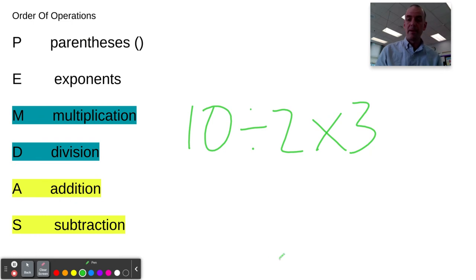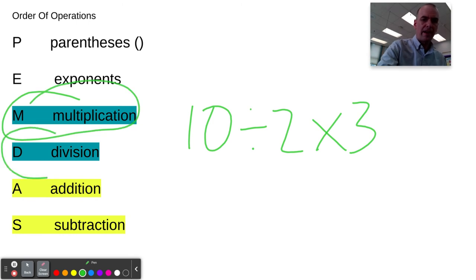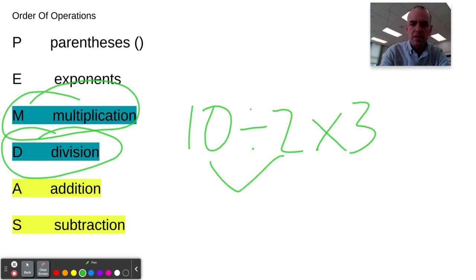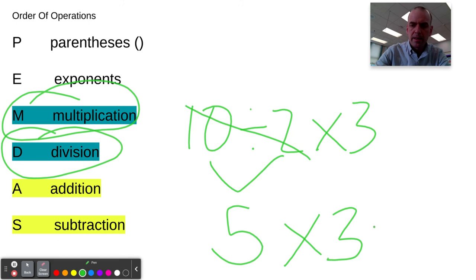I meant for the problem to be 10 divided by 2 times 3. Okay. So we have multiplication and we have division. Now, even though multiplication's first in PEMDAS, multiplication and division, they're like siblings. So it's whoever gets there first goes first. Okay? So in this case, we actually do 10 divided by 2 is 5. Done with that, then we times 3, and we get 15.